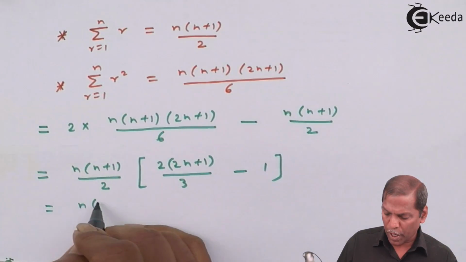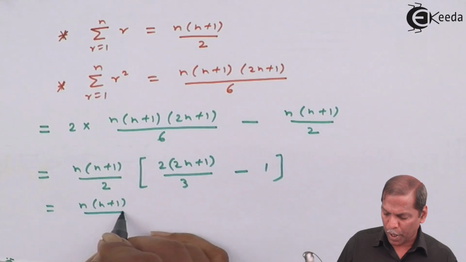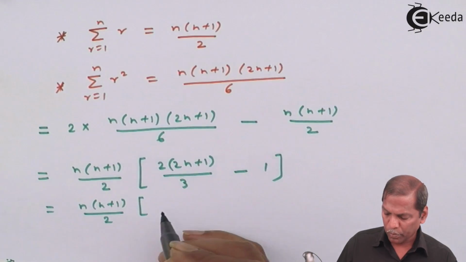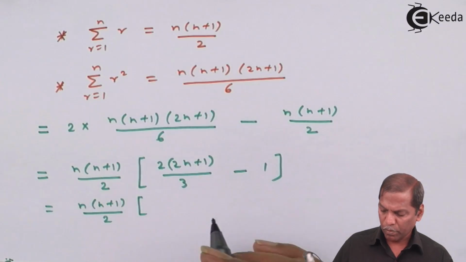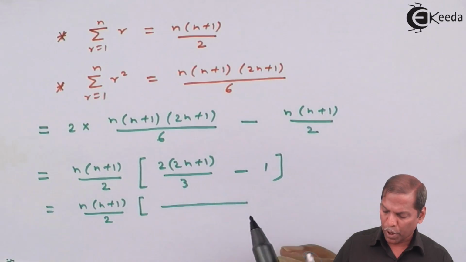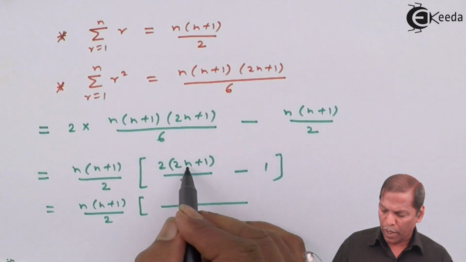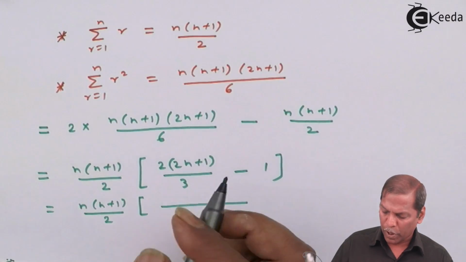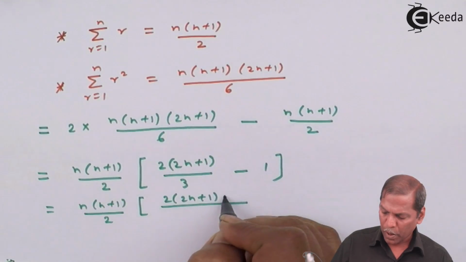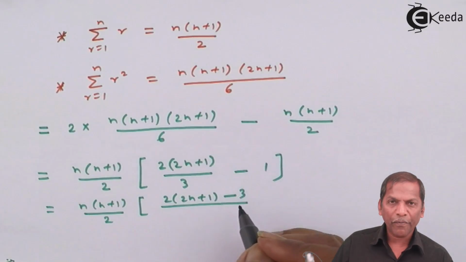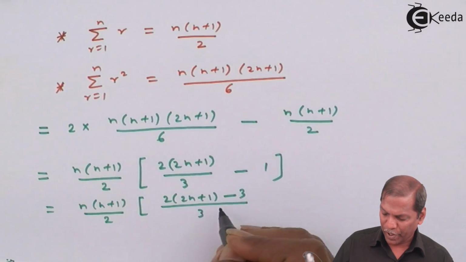So that equals n into (n plus 1) upon 2. Now in the bracket we go for cross multiply, so that gives us 2 into (2n plus 1) minus 3 upon 3.